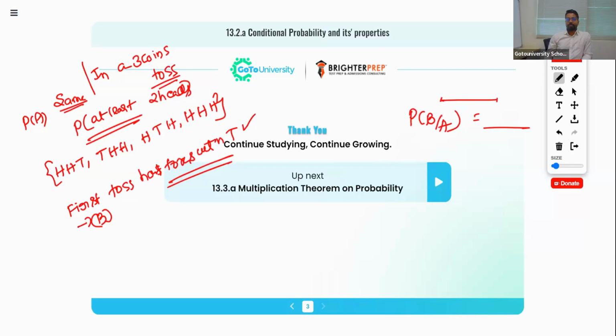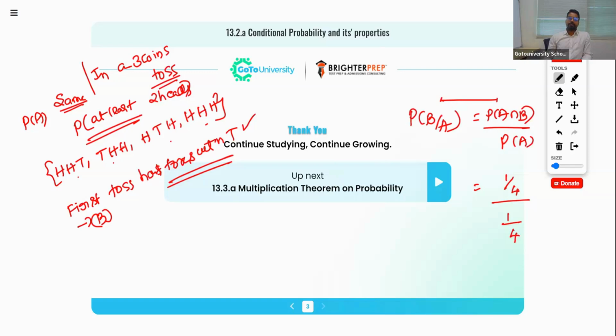So how do you write this, it is P of A intersection B divided by P of A. So what is P of A? P of A intersection B is, out of these four, we need to have first one tail. So that is 1 by 4.